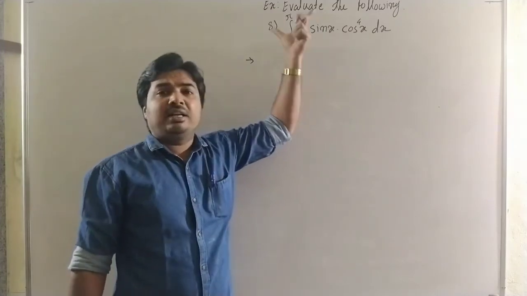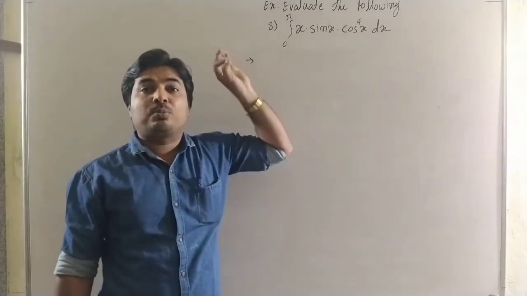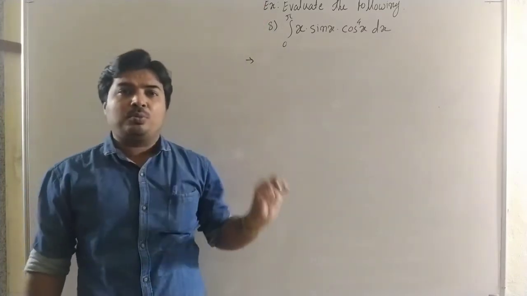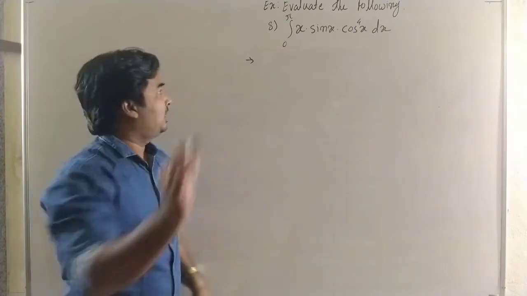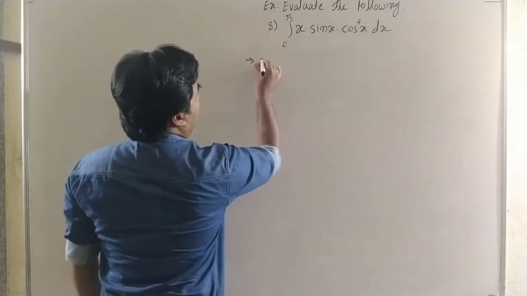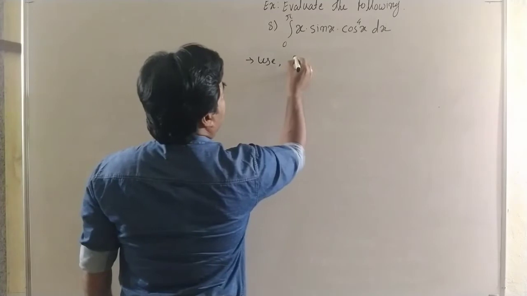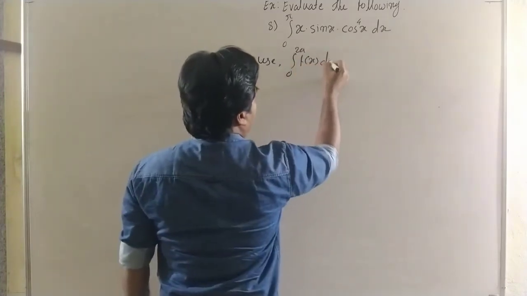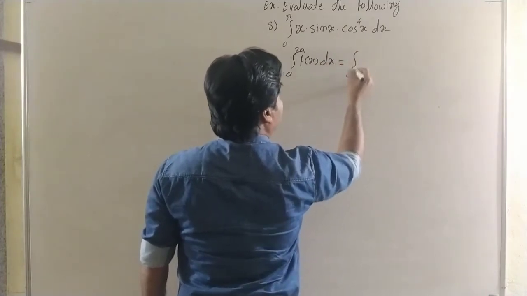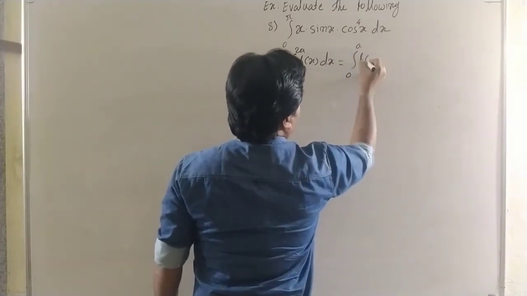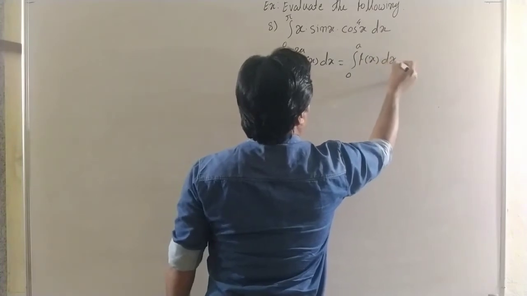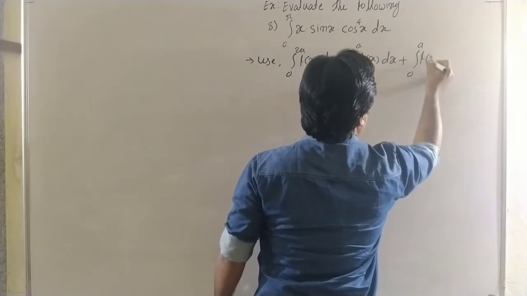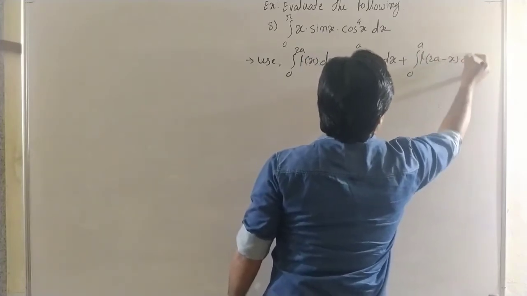We cannot directly solve this integral, so here we use the property, and when the limits are 0 to pi, we use the property 0 to 2a. Use integral 0 to 2a f of x dx is equal to integral 0 to a f of x dx plus integral 0 to a f of 2a minus x dx.